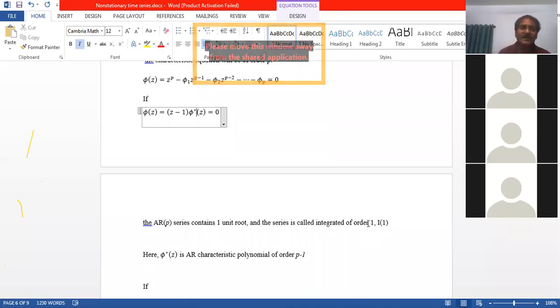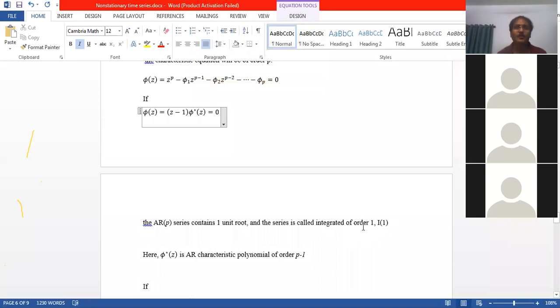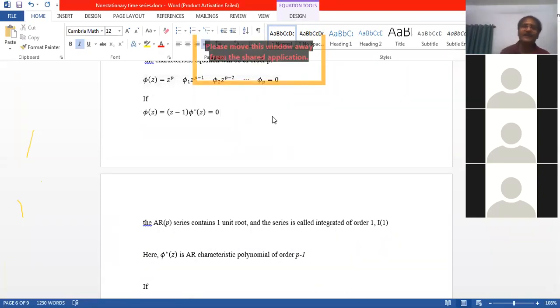It is not only for ARP, it is applicable for a series following any order of autoregression. In AR2 also, in AR1 also. In AR1, you have only one possibility because you have only one characteristic root. So AR1 may be integrated of order 1 or stationary. In AR2, you have three possibilities.